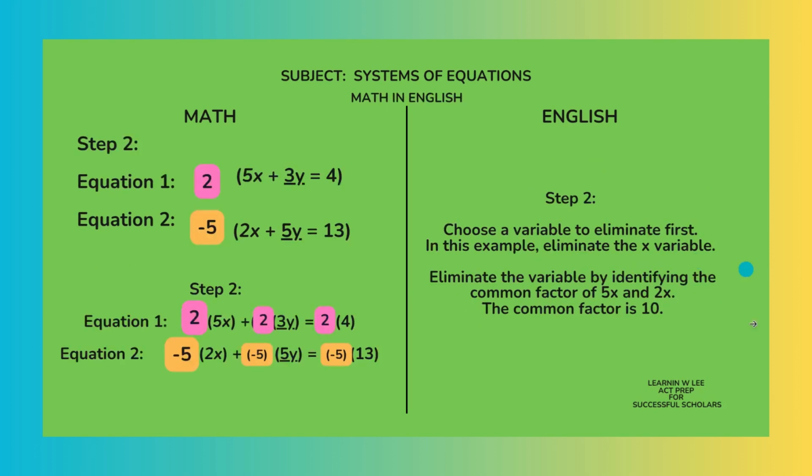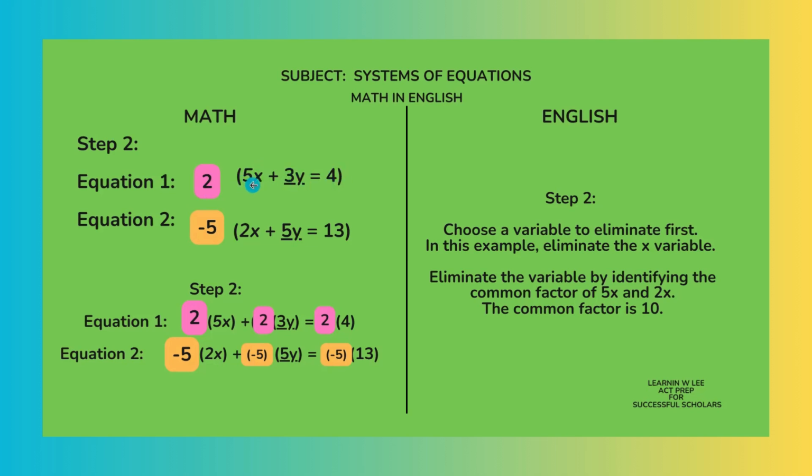So let's take a look at our next step. Step 2, we choose a variable to eliminate first. In this example, we're eliminating the x variable. So, as we said on the last slide, we multiply equation 1 by 2. That means you take 2 times each term in the equation.